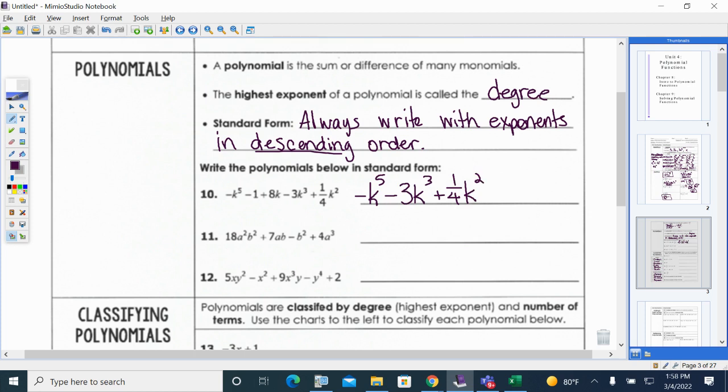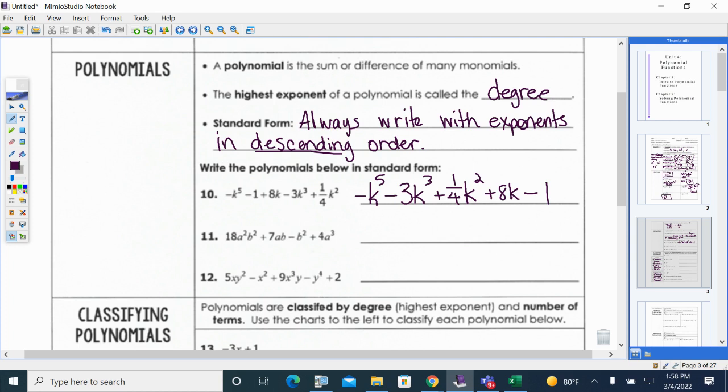And then the k, plus 8k. And then the constant, which is minus 1. So that is descending order. And also, as an added bonus, your degree here, if I asked you to identify the degree on that would be 5, because that is the largest exponent in that polynomial.